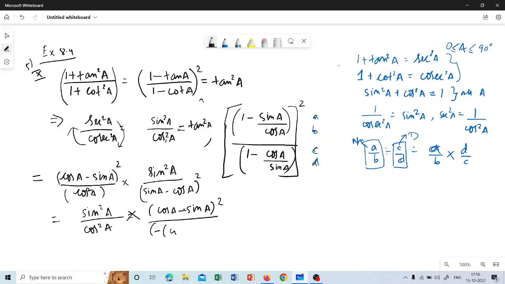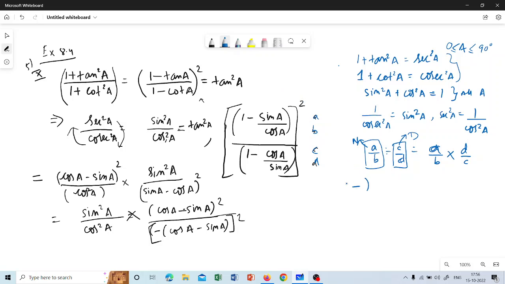In the new denominator, if I take the minus sign common, it will become minus of (cos A minus sine A), whole square. As you know, minus 1 square is 1 itself.